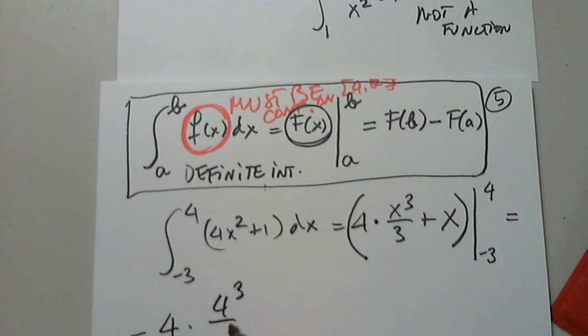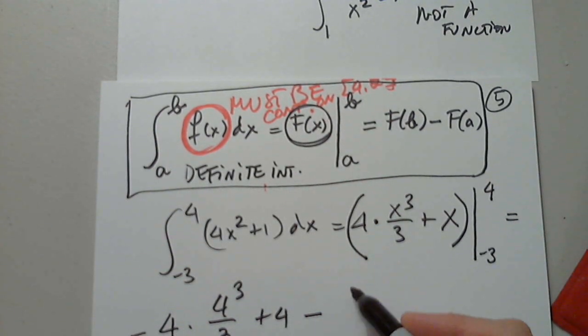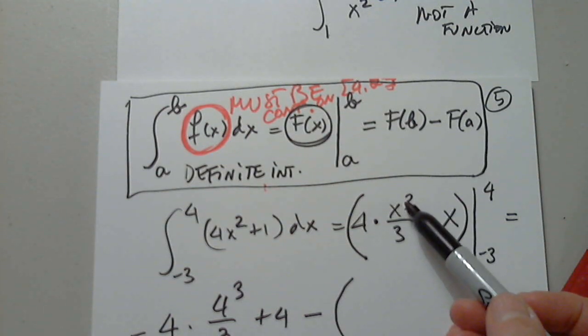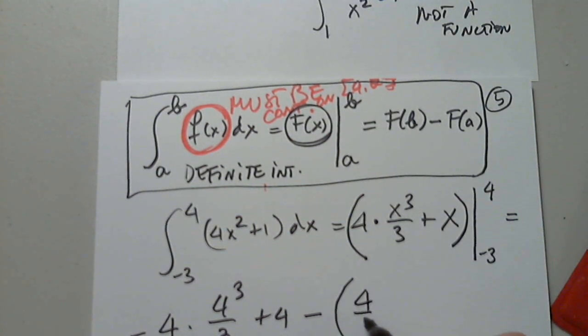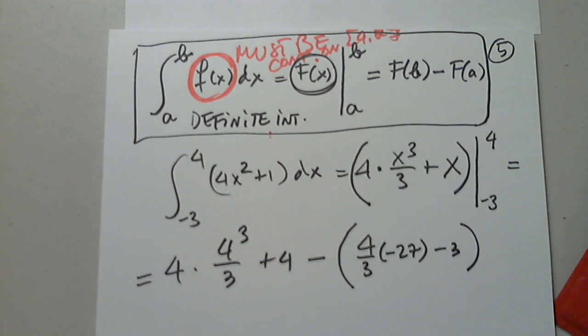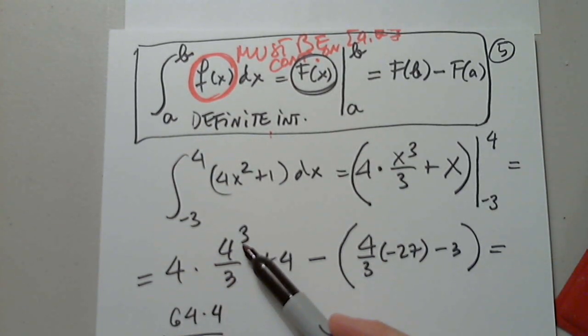4 times 4 to the 3rd over 3 plus 4 minus, please put parentheses, because we have to subtract all terms that follow. -3 to the 3rd is -27. So 4/3 times -27 and -3. So let's see what we get. So this is basically 4 to the 4th, 64 times 4 over 3. Plus 4.